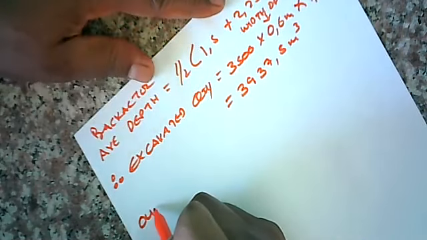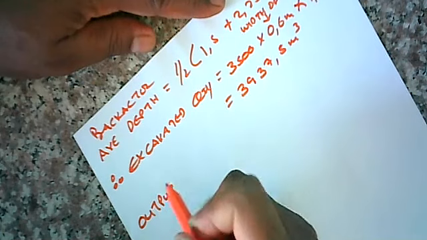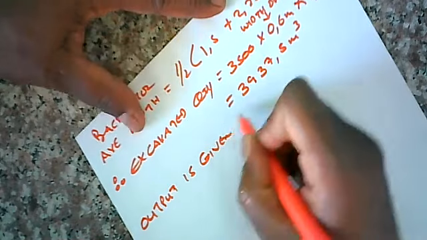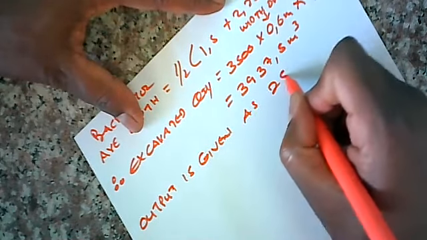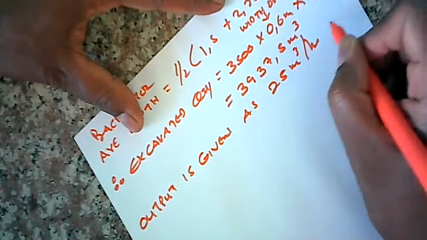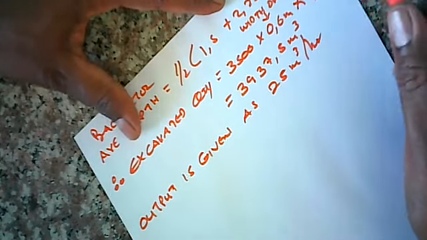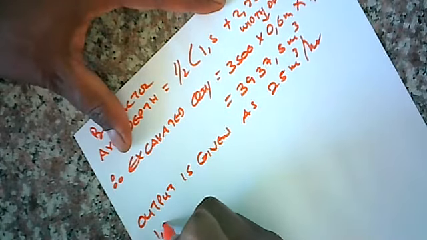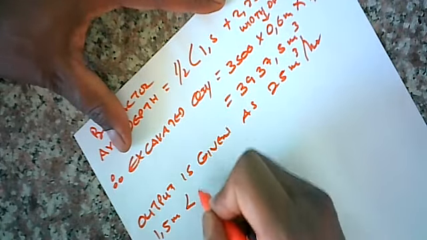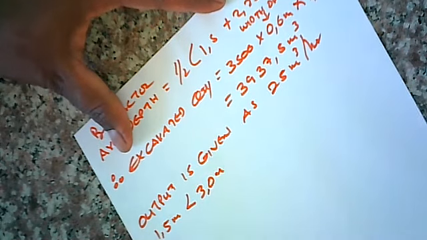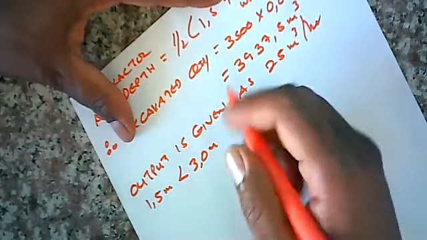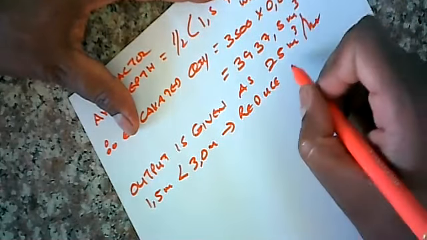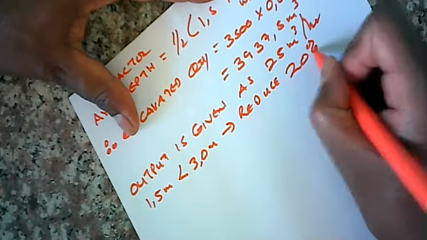All right, output of this machine. Output is given as 25 meter cube per hour. However, it is working at a depth of between 1.5 meters and less than 3.0 meters. So it's that range. Because of that, what happens? We need to reduce. Reduce by how much? 20%.